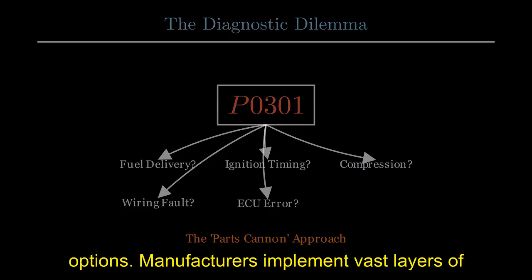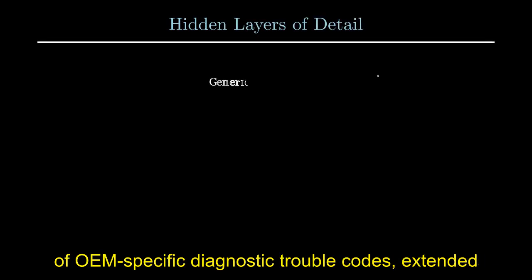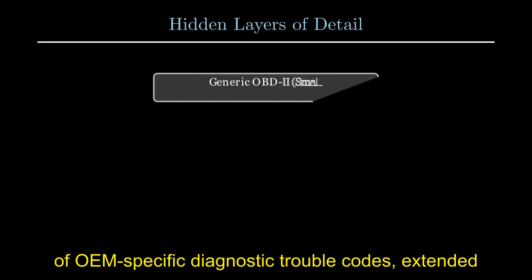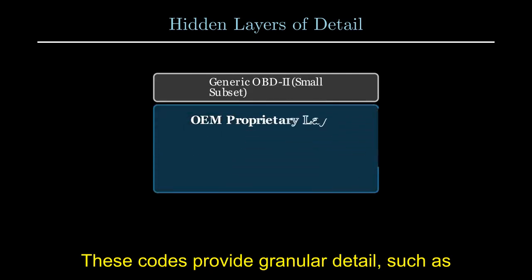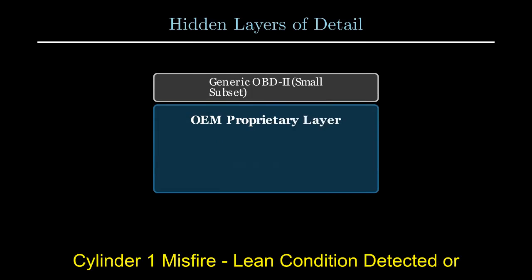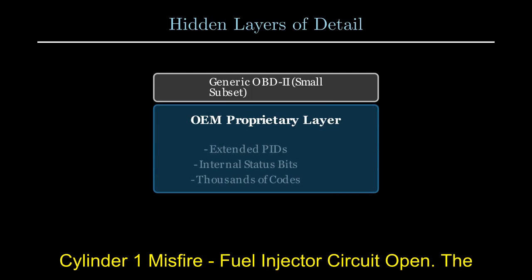Manufacturers implement vast layers of proprietary diagnostic information that reside beyond the OBD2 standard. This includes thousands of OEM-specific diagnostic trouble codes, extended parameter IDs, and complex internal status bits. These codes provide granular detail, such as cylinder 1 misfire lean condition detected or cylinder 1 misfire fuel injector circuit open.